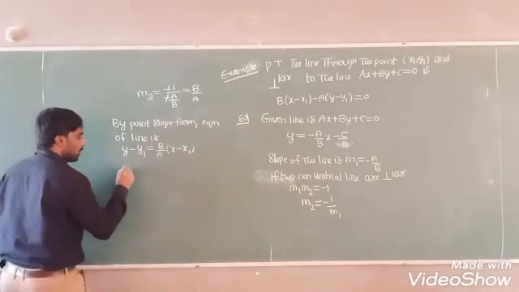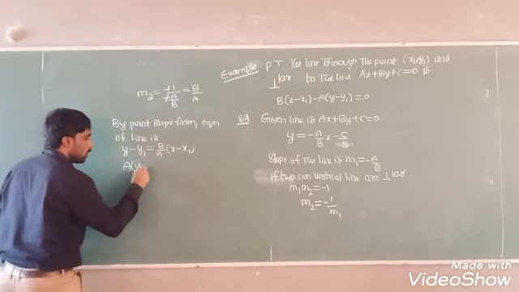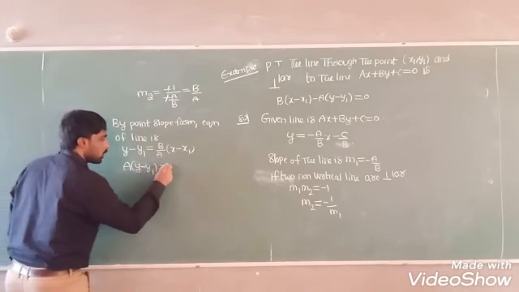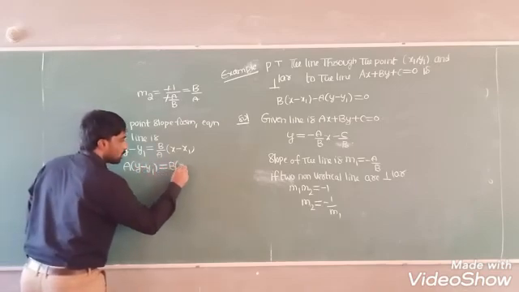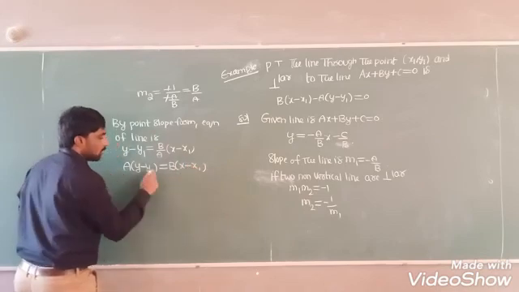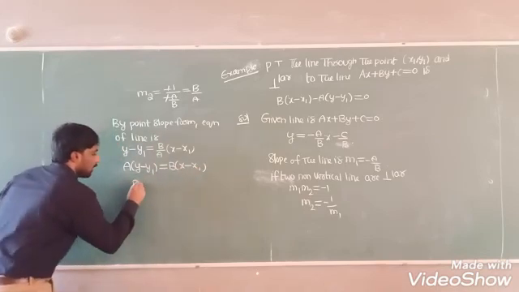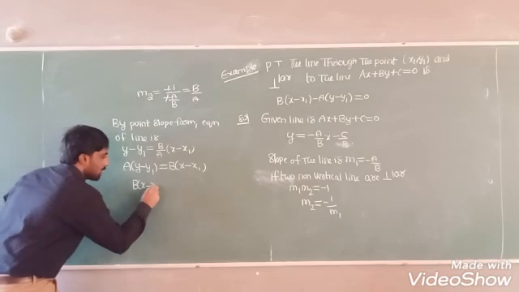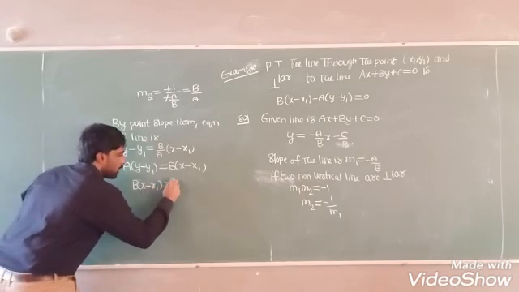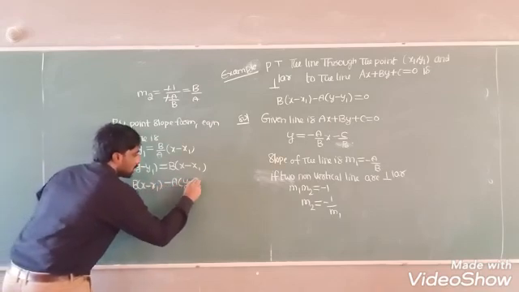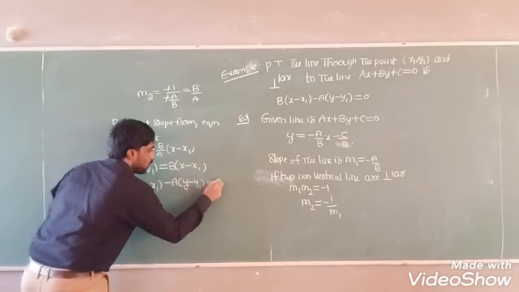If I cross multiply, what will I get? a into y minus y1 equal to b into x minus x1. If I shift this to that side, I get b into x minus x1 minus a into y minus y1 equal to 0.